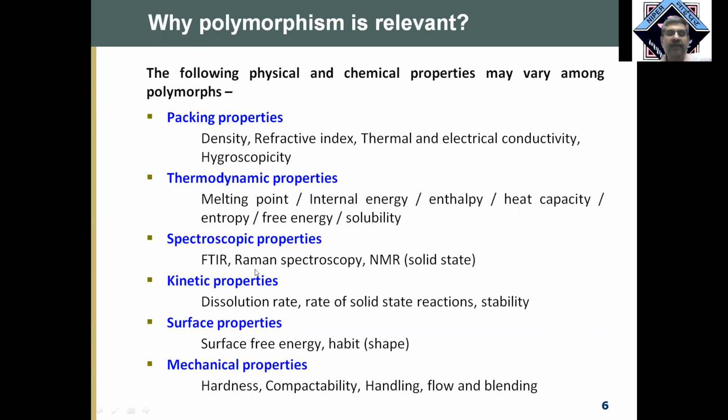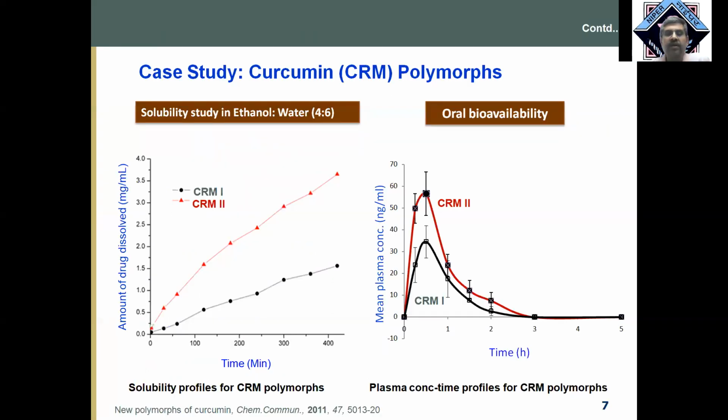Spectroscopic properties like FTIR, Raman, and solid state NMR. Kinetic properties like dissolution rate, rate of solution state reactions, and stability. Surface properties and mechanical properties like hardness, compactability, handling, flow, and blending. These are the properties which may differ between one polymorphic form to another.